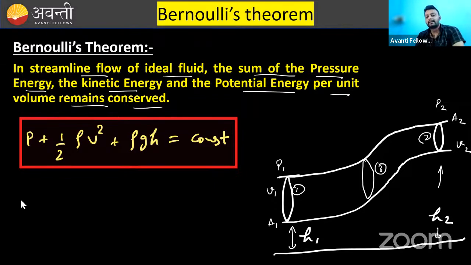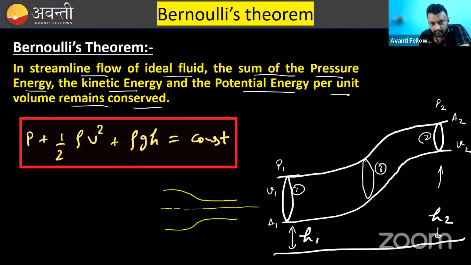Now, let's suppose the tube is horizontal. Horizontal tube means something like this one. So the average height from the ground is the same. This is the ground and the average height from the ground is the same. That is H is the same. It's a horizontal tube.